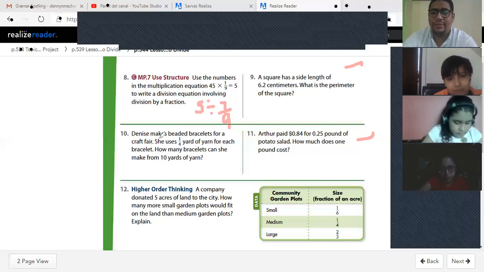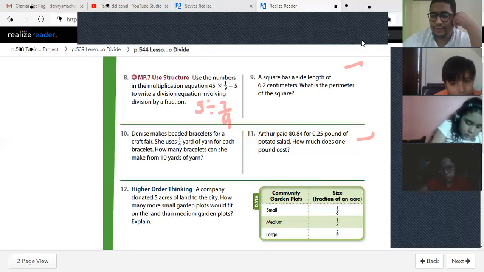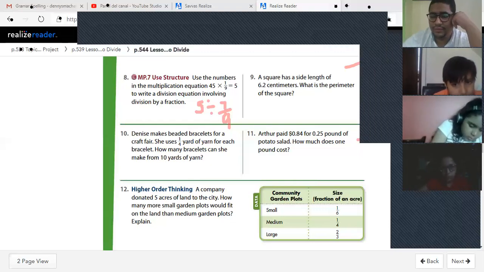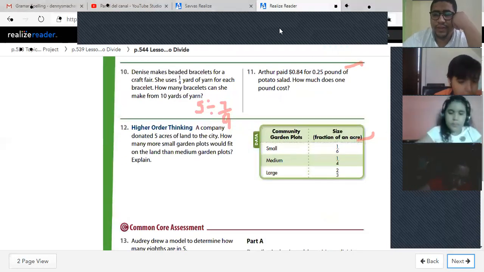And about number 12? What's the answer of number 12? Do you have the answer? Number 12 is equal to 40.